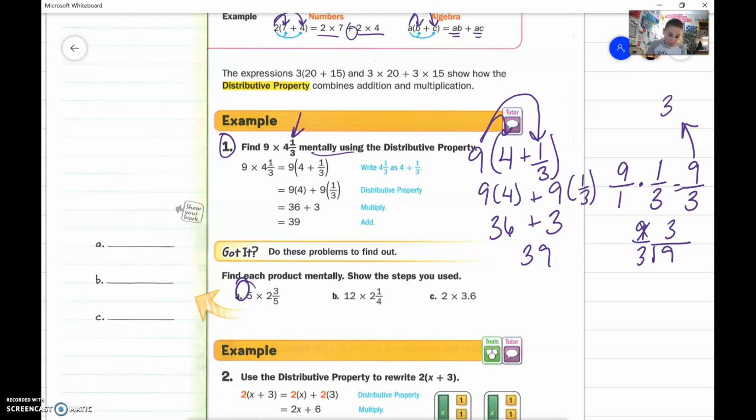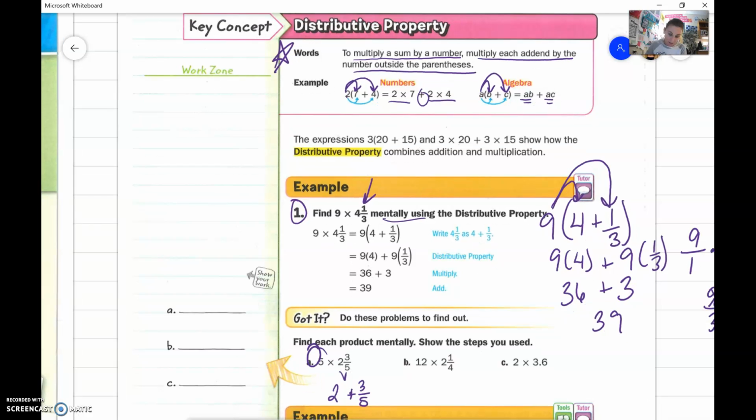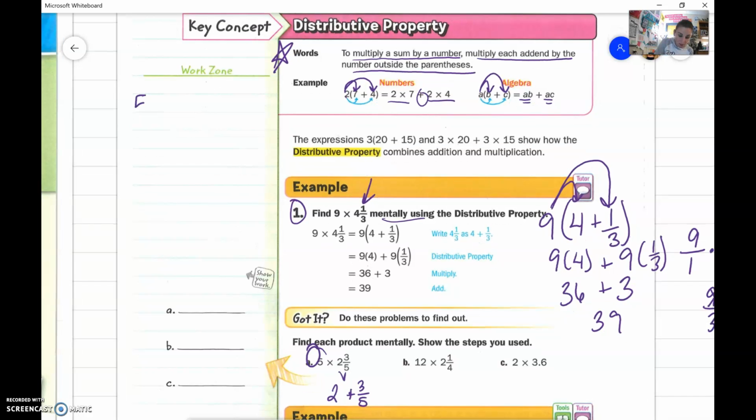All right, let's do an example together to where we would distribute and break this down. So we're going to break this down into 2 and then 3/5. Okay, so now I'm going to move it over here because I just don't have enough room. So I'm going to take 5 and I'm going to multiply it by my whole number. I'm going to distribute it to my 2. Plus, I'm going to take my 5 again and distribute it with my 3/5.